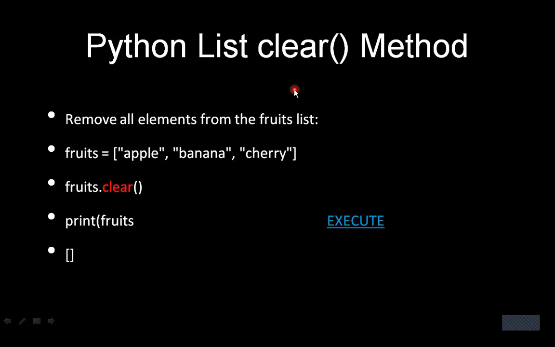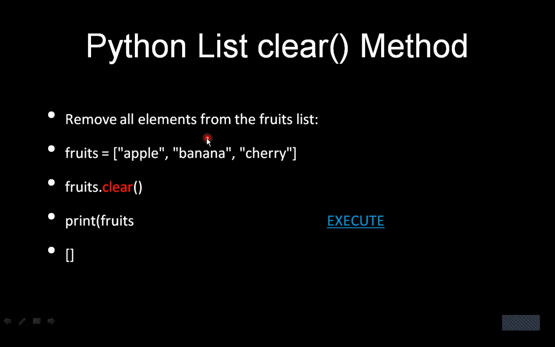Similarly, in Python the clear method is used to remove all the elements from any given list. So the main usage of clear is that it removes all the elements from the given list. That is why we use the clear method.